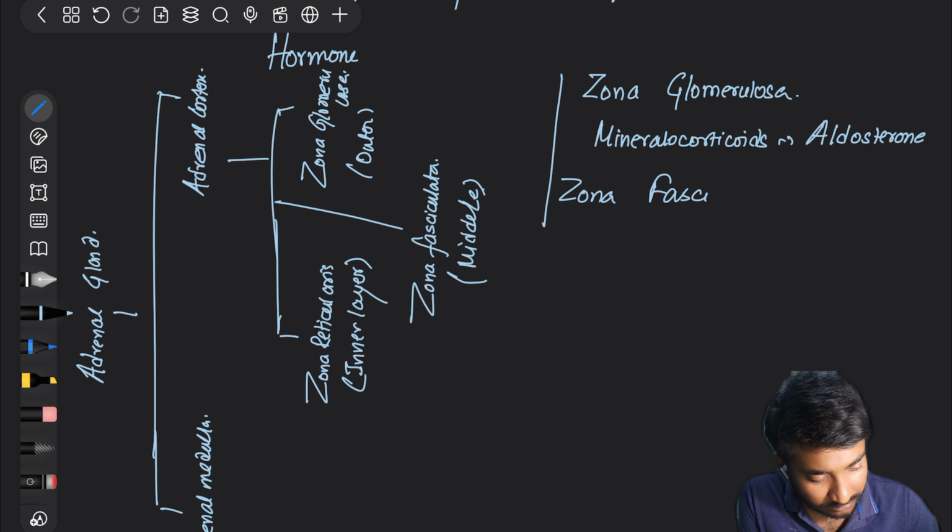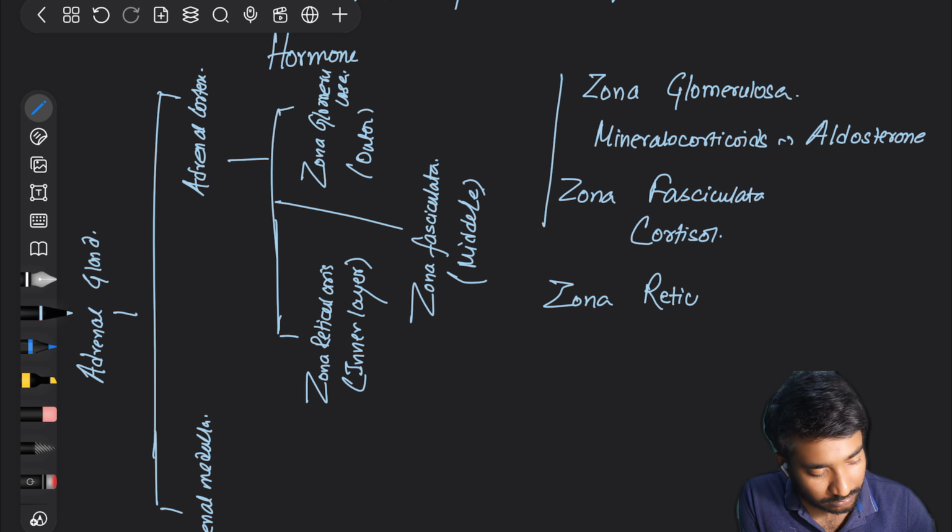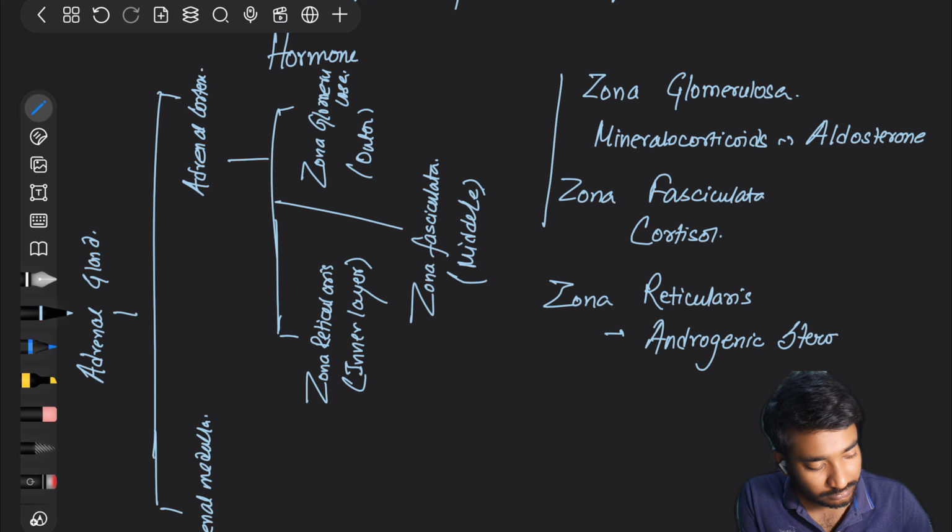Zona fasciculata secretes cortisol, and zona reticularis secretes androgenic steroids.